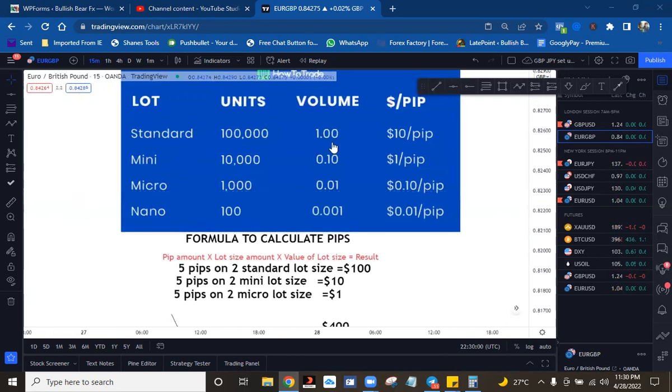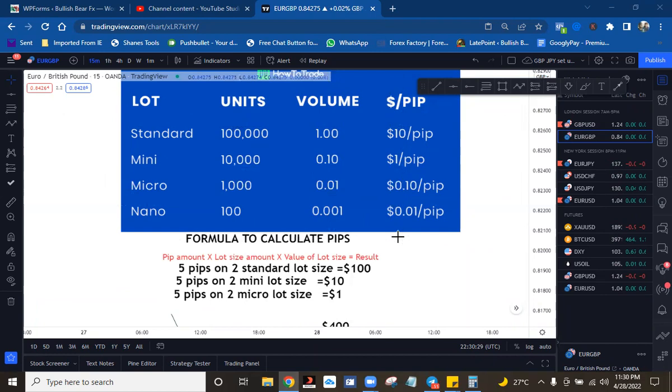Sorry, I think you meant units? No, I didn't mean units. The volume is what we call lot size. Like I told you guys earlier, the volume is what we always call lot size. So that's what you're using to do your calculation. Unless you meant unit, for units, it's really not relevant.